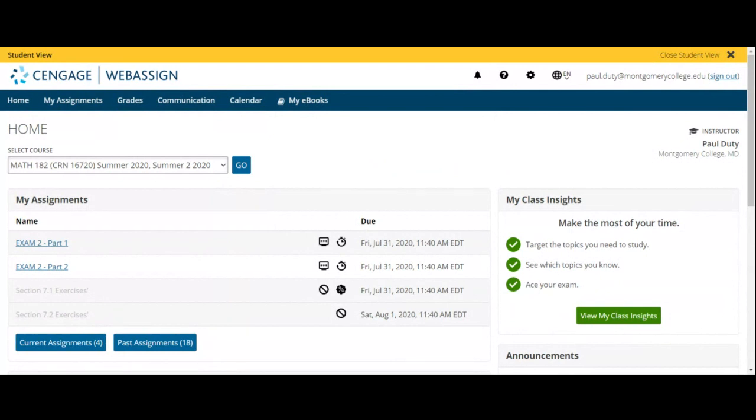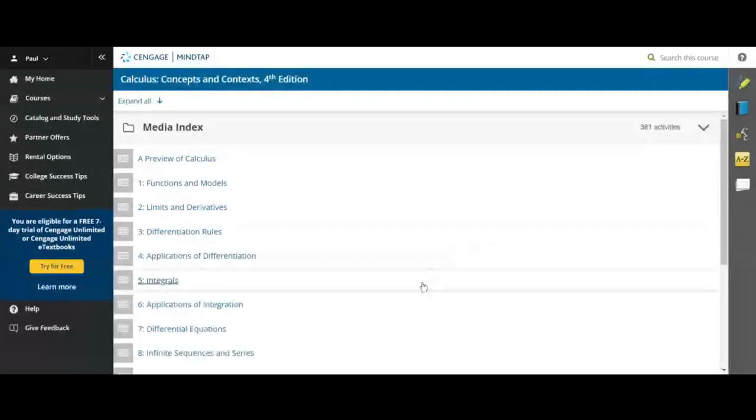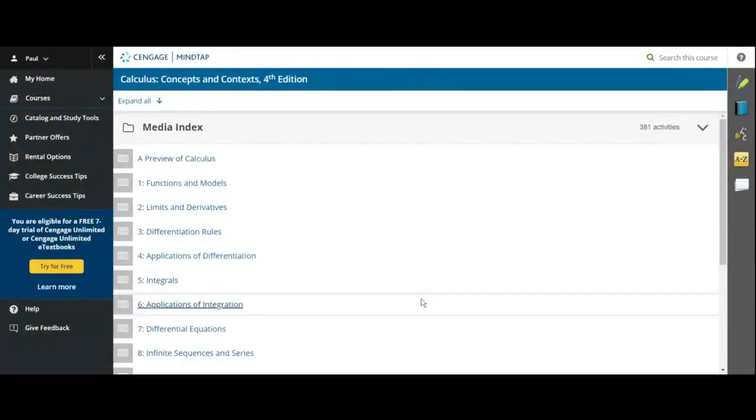Oh wait, see, it didn't follow. I have to be in the ebook in order for this to work, so let me re-engage the application I'm sharing. It can't make the jump from the home page to the ebook. You've got to be in the ebook, and then it'll show the sharing.